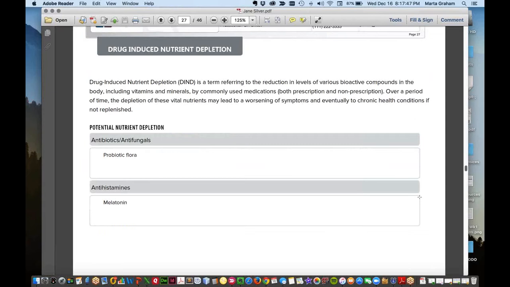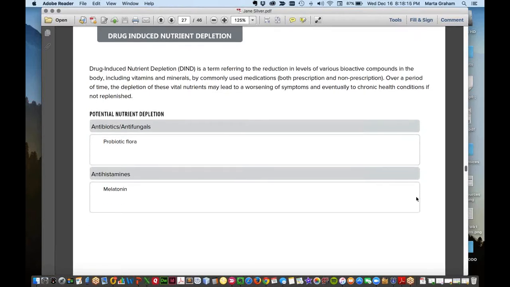We also have a database that's attached to our algorithms with respect to the medications that patients are using. As many of you might know, Dr. Laval has lectured for many, many years on this particular topical category of drug-induced nutrient depletions, and that is to say how medications drain the body of key vitamins and minerals and other cofactors and factors.